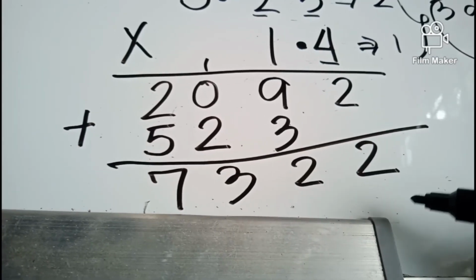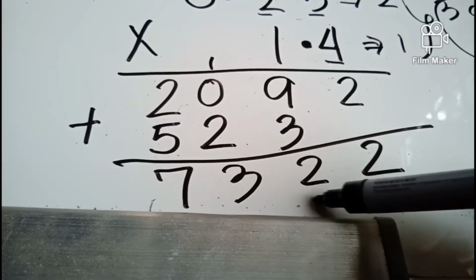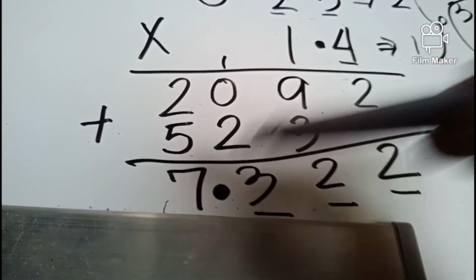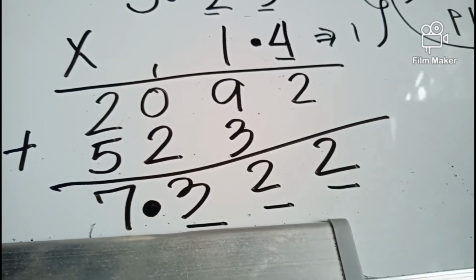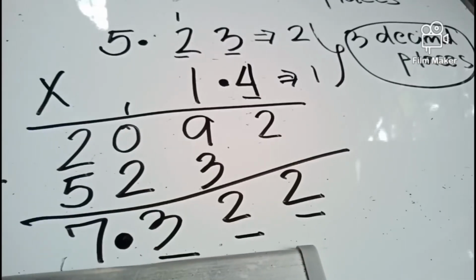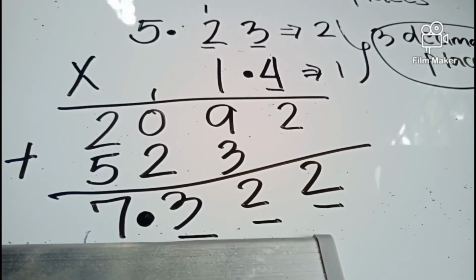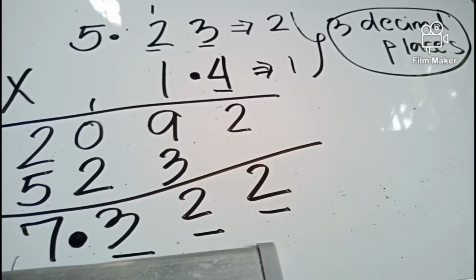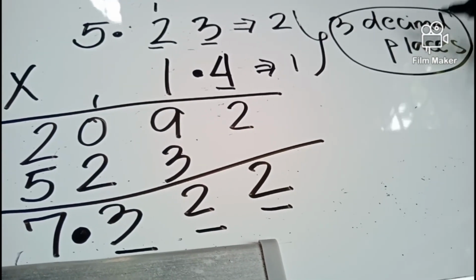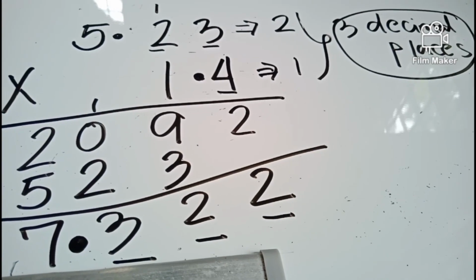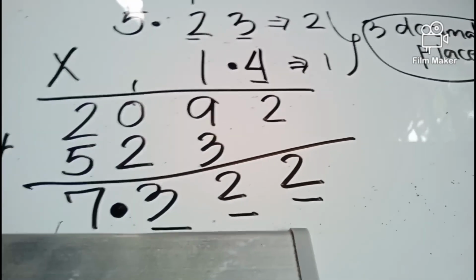We will count 1, 2, 3, and then affix our decimal point, and that is our final product. Yan lamang po kasimpleng mag-multiply ng decimal numbers. Tatandaan lang natin na ang number of decimal places sa ating factors ayun din ang number of decimal places sa ating product.